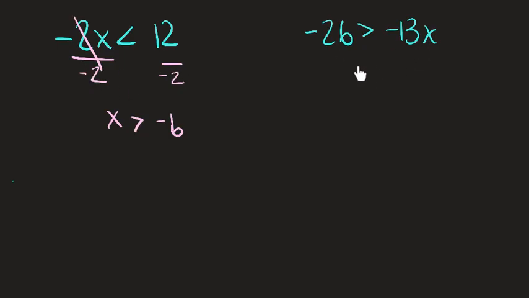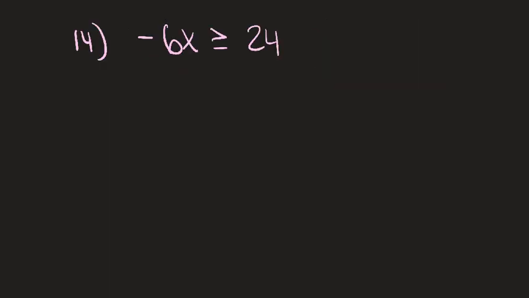Now, this one's double reverse because I'm dividing by a negative, but then I don't like X on that side, so I have to reverse it again. Type in your answer. Work it out on your paper and then type in your answer.